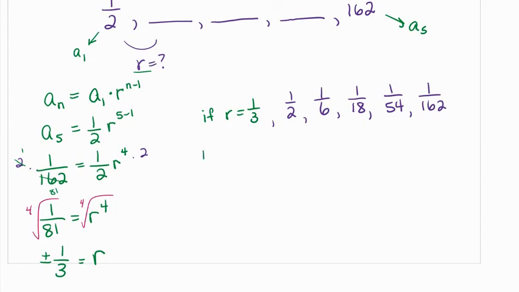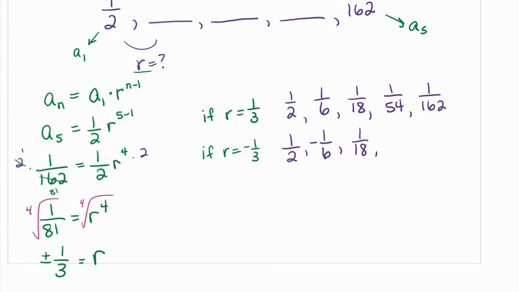Okay, but then we have the other possibility if r equals negative 1/3. Well, again, we're going to start with 1/2. If I multiply by negative 1/3, I would get negative 1/6. Multiply by negative 1/3, I'm going to get positive 1/18.